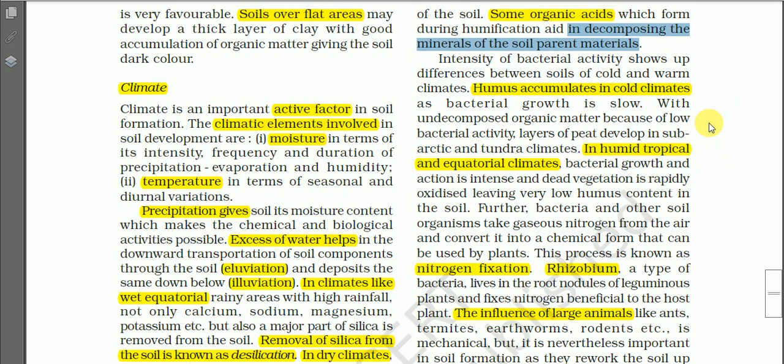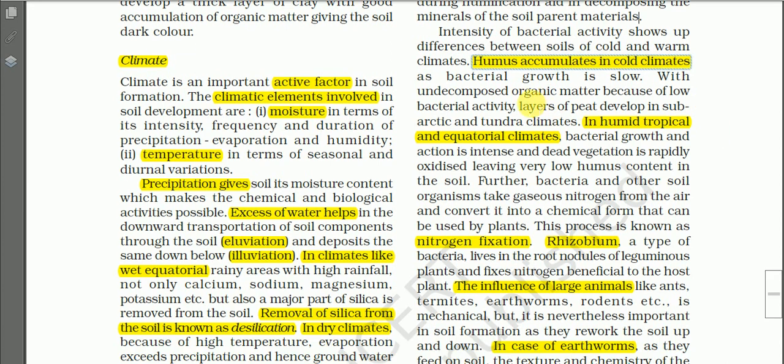And the intensity of bacterial activity shows up differences between soil of cold and warm climates. Humus accumulates in cold climates as bacterial growth is slow.